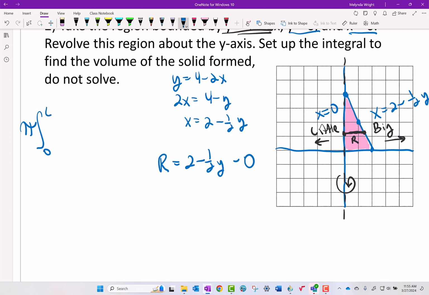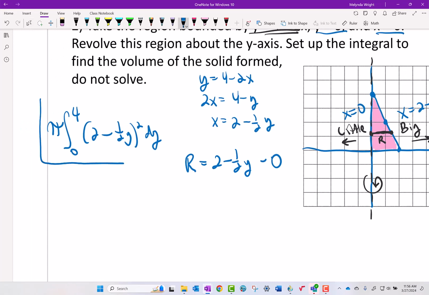The biggest y is 4. And then my r is 2 minus 1/2 y, squared, dy, and they just want us to stop there. They say do not solve, so we won't solve.